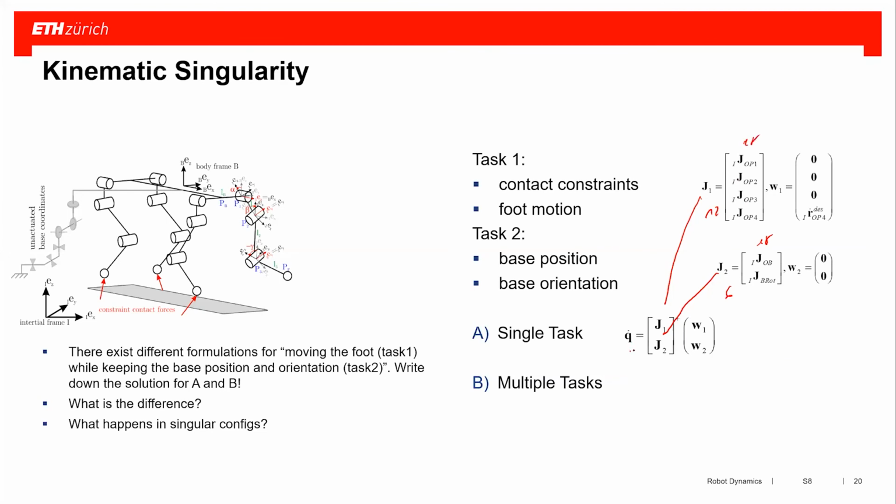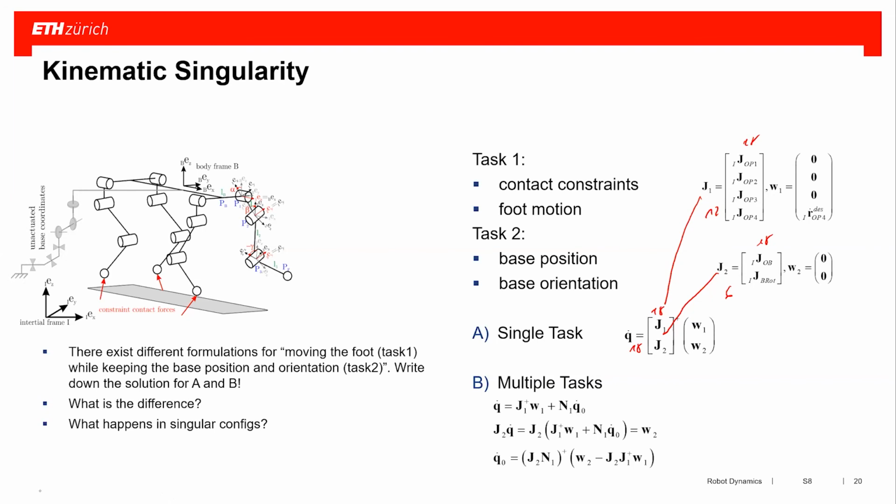So this J here is 18 times 18 and has rank 18. So in other words, I can take the pseudo-inversion of it, and I don't have a null space to move. So what is happening here is if I'm reaching a singularity, so I cannot move my elbow, for example, anymore, I'm going to start violating all the individual constraints equally. So I'm violating all these constraints somehow equally to make the system still follow.